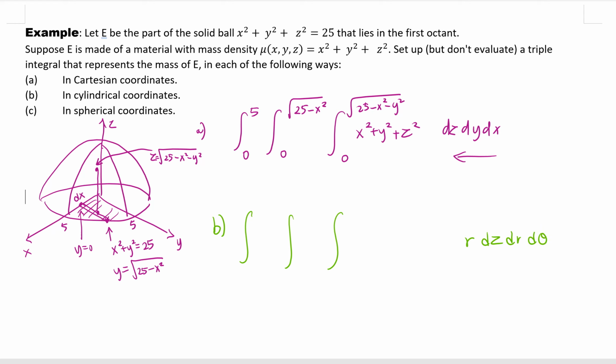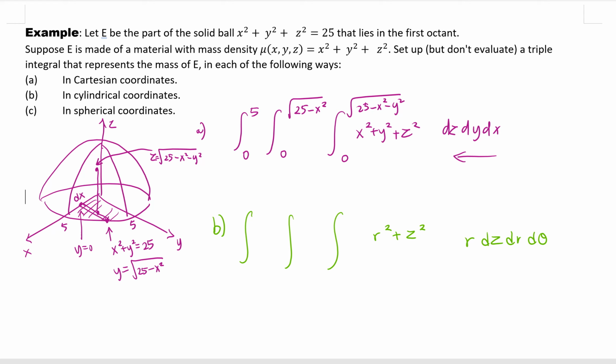For the density function, x squared plus y squared is r squared, so we have r squared plus z squared. You cannot still put x and y here because we don't use the variables x and y, so we replace x squared plus y squared by r squared. This is our new density function in terms of r and z.